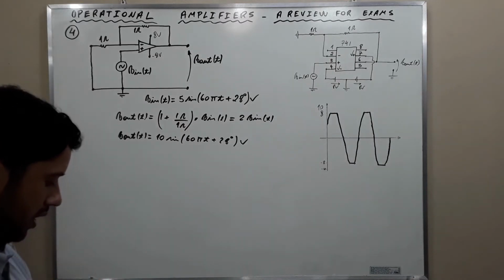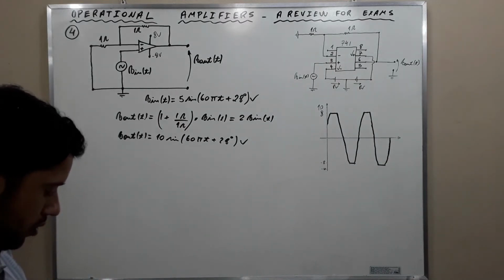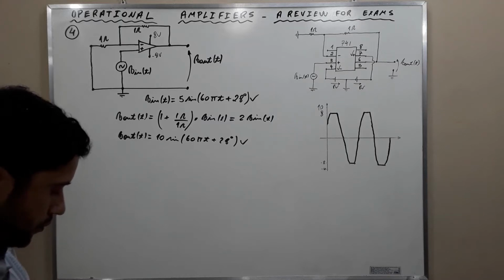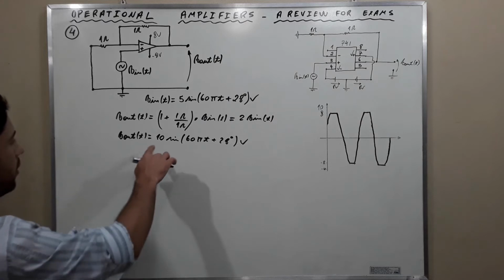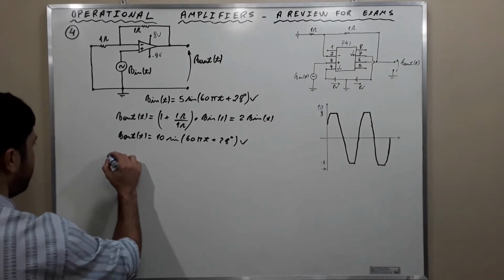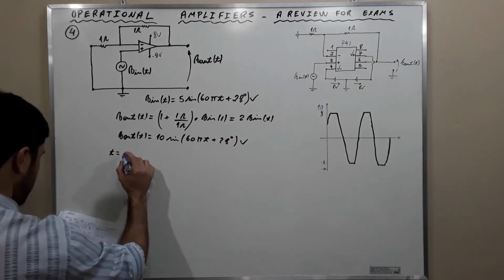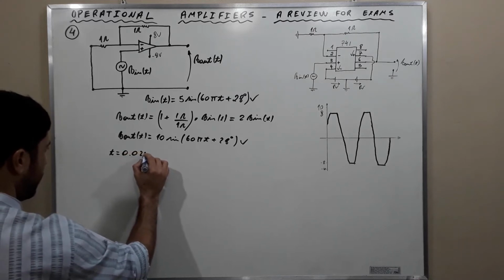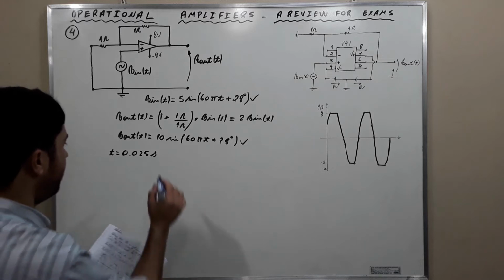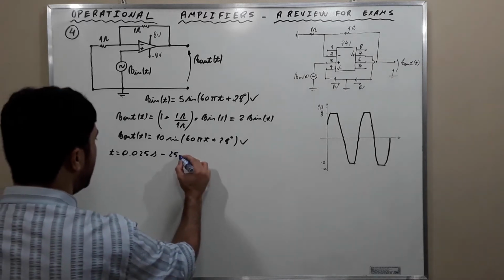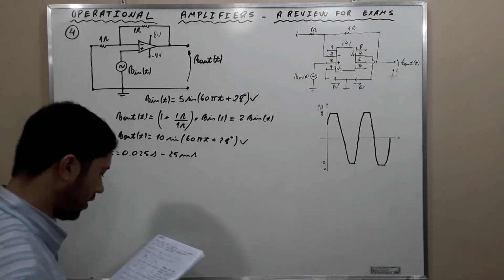All right. Now let's respond to the other question. The exercise wants us to evaluate the output voltage at t equal to 0.025 seconds. Or if you prefer, 25 milliseconds.